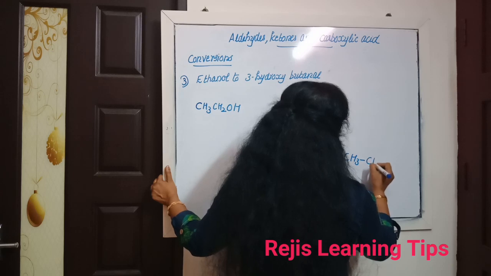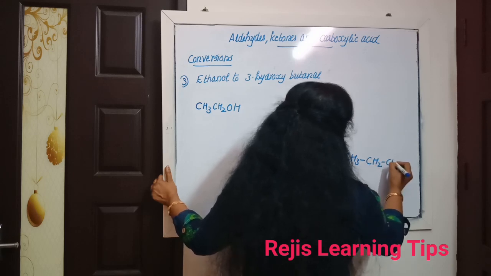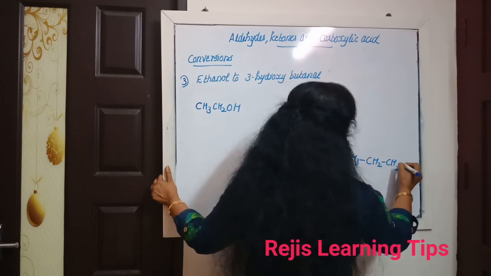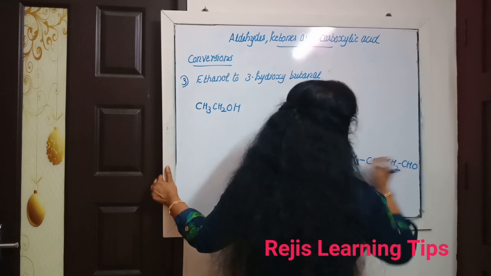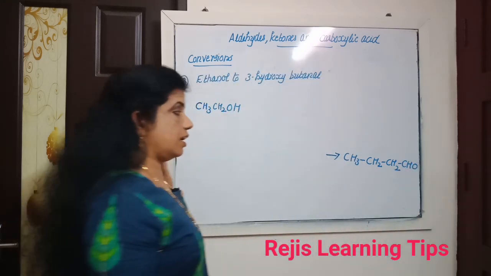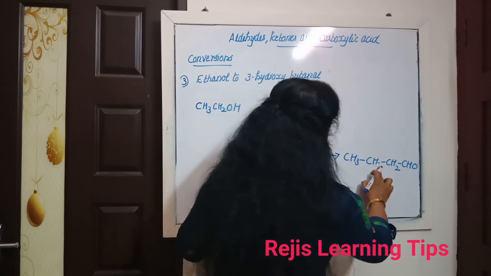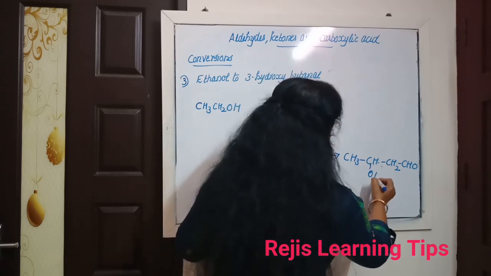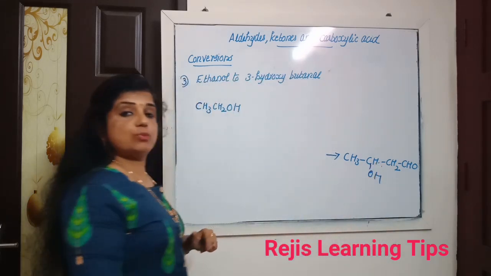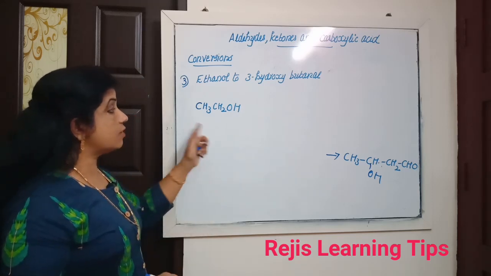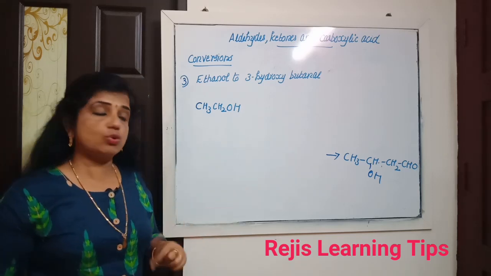CH3, this is butanal. 3-hydroxy means here OH. So that is 3-hydroxybutanal. How can we convert ethanol to 3-hydroxybutanal?